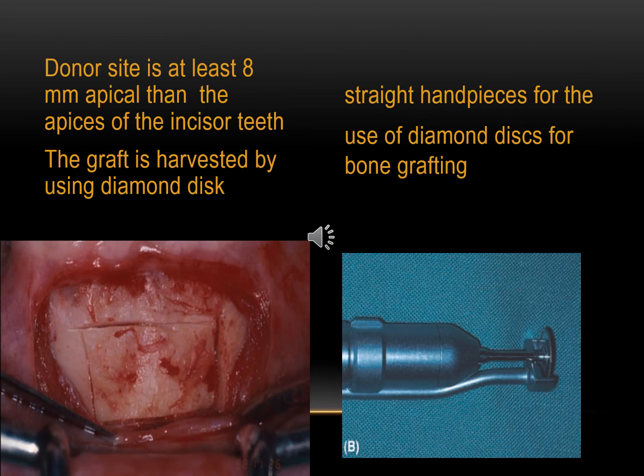This is another picture, showing the outline of the cutting of the bone graft from the chin. You see this cutting is far enough from the apex of the mandibular incisors.